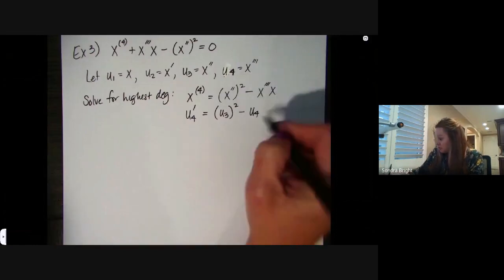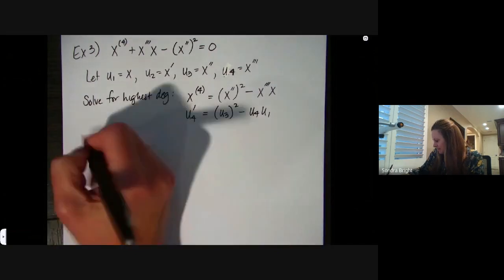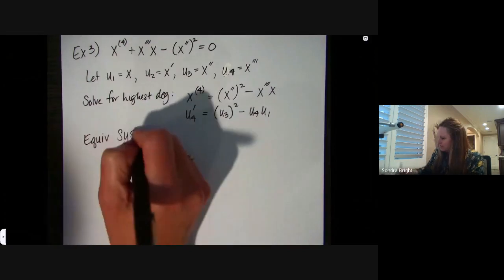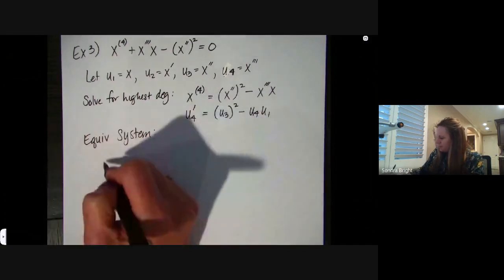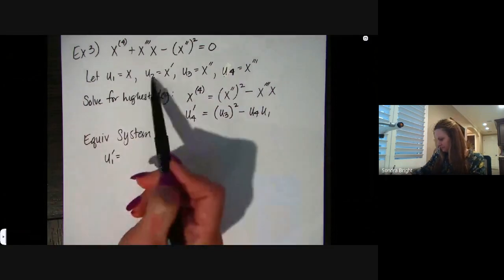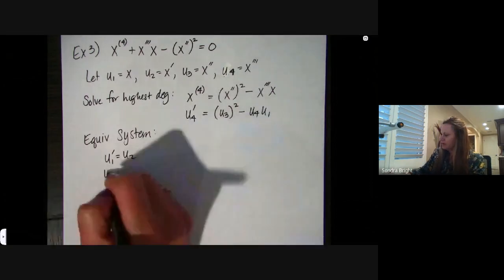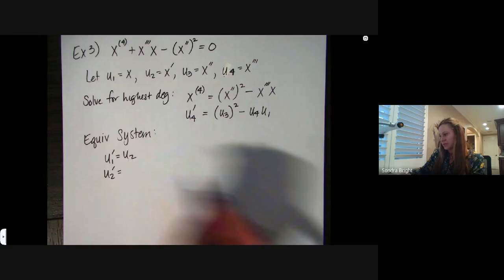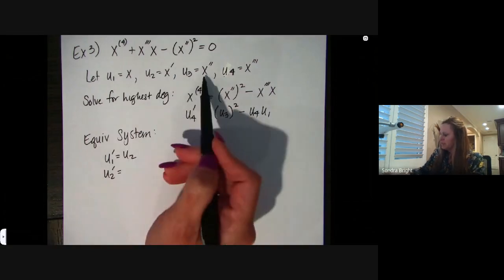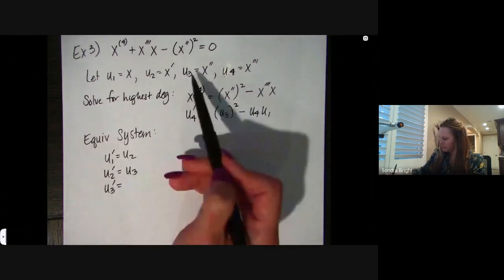So the equivalent system is u1 prime would be x prime, but that's u2. u2 prime would be the derivative of the first derivative, so it's the second derivative, we called it u3. u3 prime would be the derivative of the second derivative, which is the third derivative, so that one's u4.